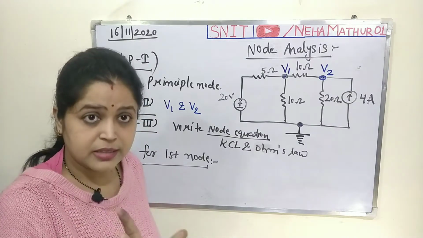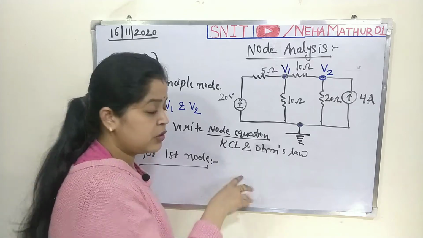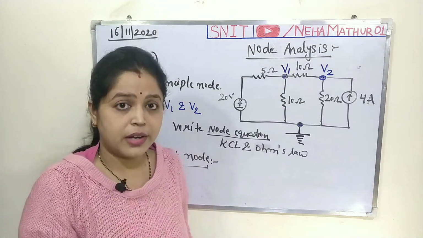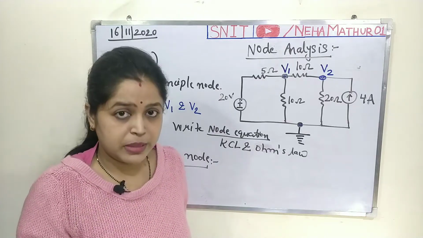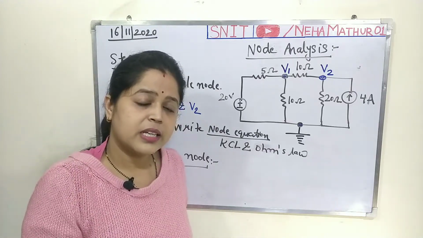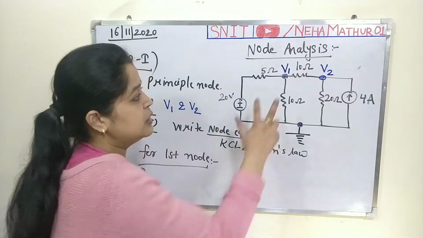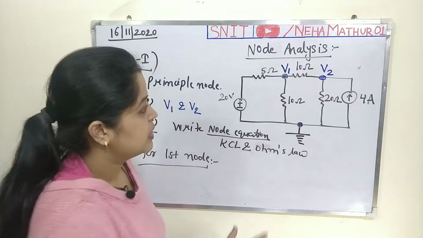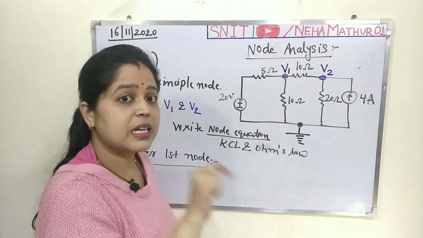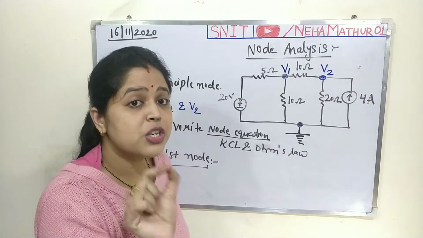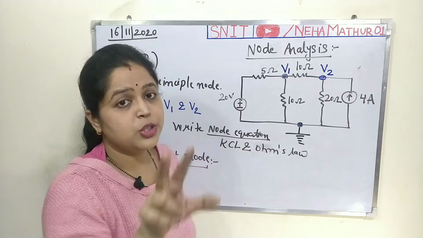The first task is you will have to follow the concept of KCL, and as per the concept of KCL, the total current at any node is always treated as 0. That means the entering current is always going to be equal to the leaving current at any specific node. So this is your first node, because I am writing for the first node. The first task is you will have to mention the direction of the current, and again it depends on you.